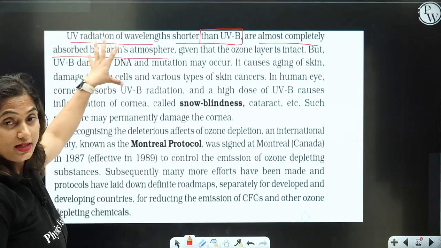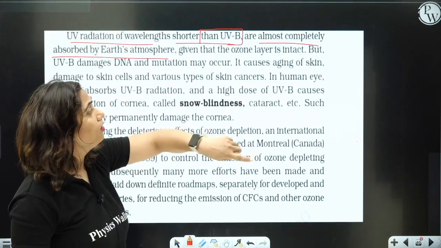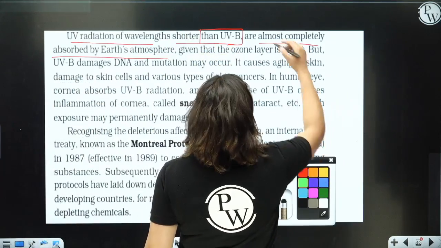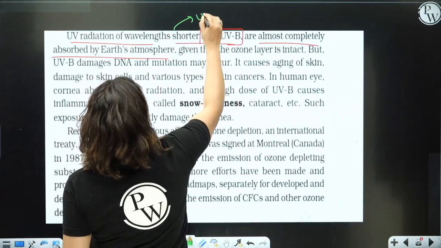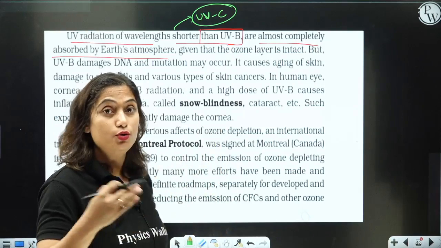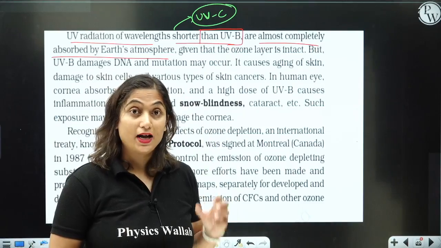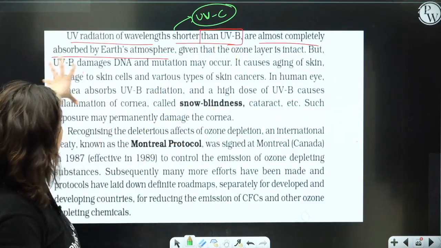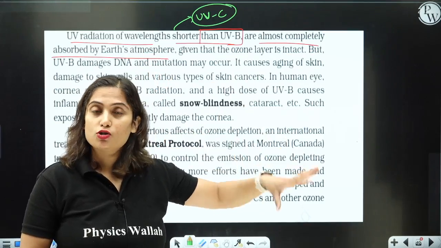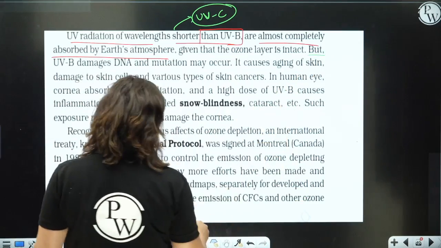What NCERT is saying, UV radiation of wavelength shorter than UV ray B. So that means it is talking about UV ray C. You have just seen that the wavelength of UV ray C is lesser than the wavelength of UV ray B. That means the UV ray C is completely absorbed by the atmosphere, and UV ray C does not enter the Earth atmosphere.